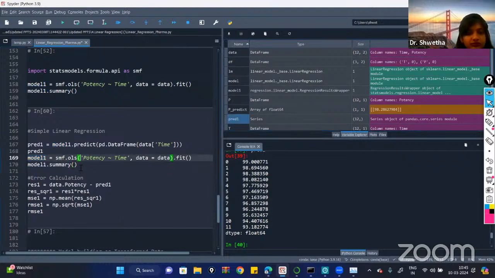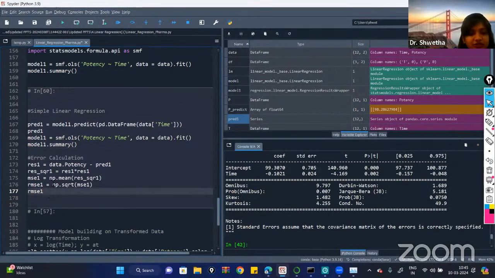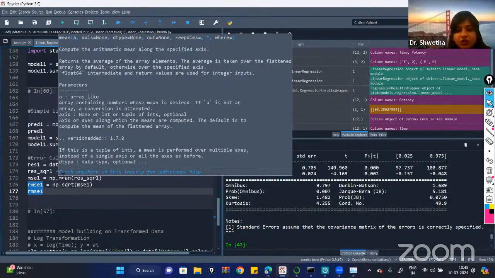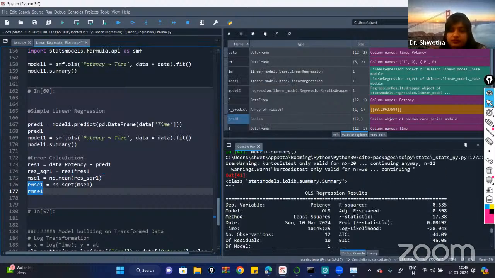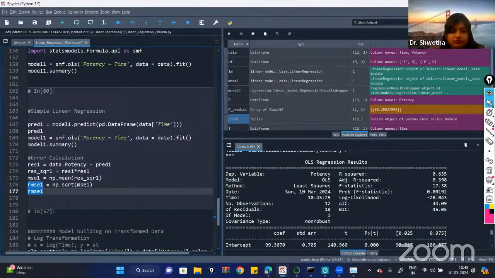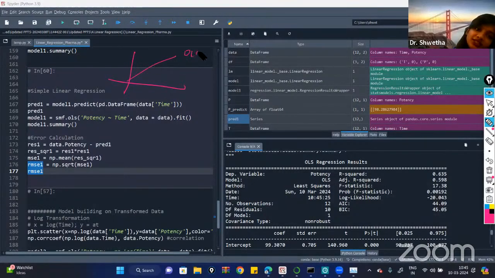Now using this, we can calculate the error. We are calculating the root mean squared error. What is root mean squared error? Firstly, in the OLS technique, this is the predicted line and these are the data points.